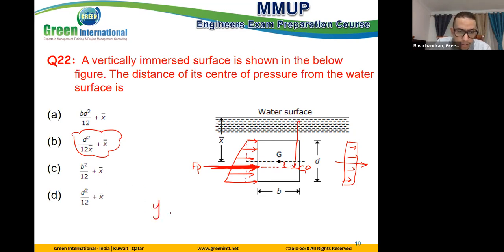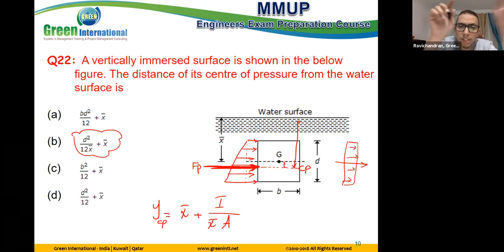Y center of pressure is equal to x bar plus I divided by x bar times A. A is the area of this body, B times D, x bar is the centroid distance, and I is the second moment of inertia, which you can get from tables.